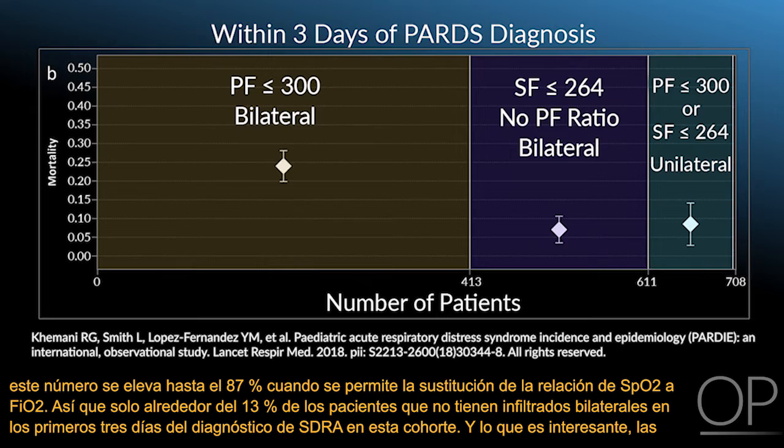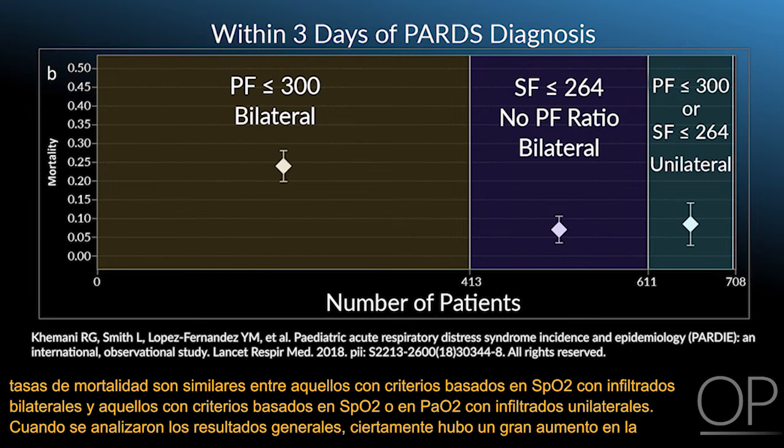And this number goes up to 87% when you allow for the SpO2 to FiO2 ratio to be substituted. So it's only about 13% of patients that don't have bilateral infiltrates within the first 3 days of the ARDS diagnosis in this cohort. And interestingly, the mortality rates are similar between those with SpO2-based criteria with bilateral infiltrates and those with either SpO2 or PaO2-based criteria with unilateral infiltrates.